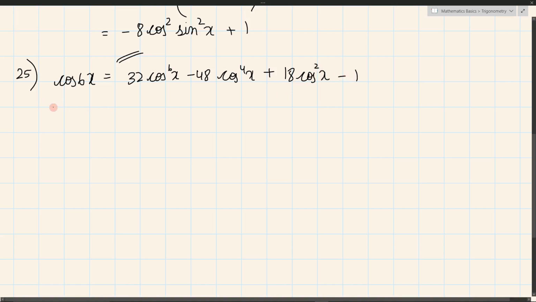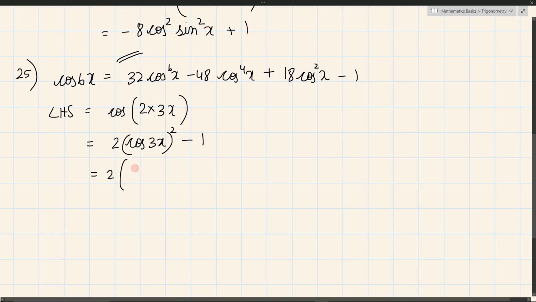So I'll have the LHS as cos of 2 into 3x. So this is nothing but 2 cos 3x whole square minus 1. So this is nothing but 2 into cos 3x, which is given by 4 cos cube x minus 3 cos x.